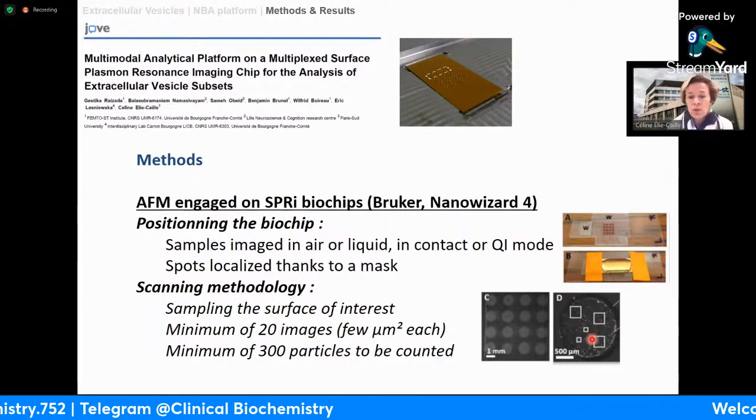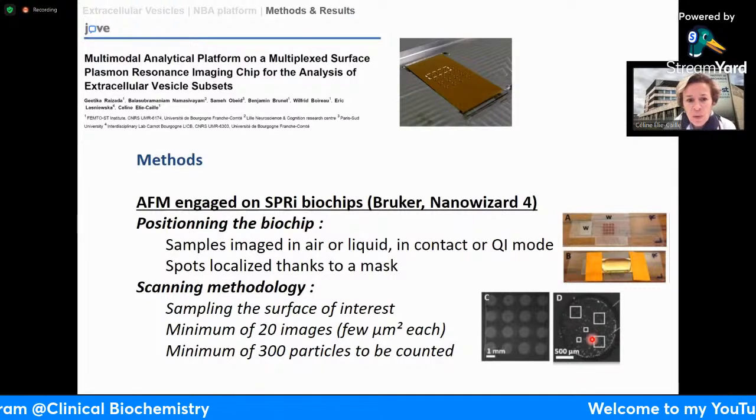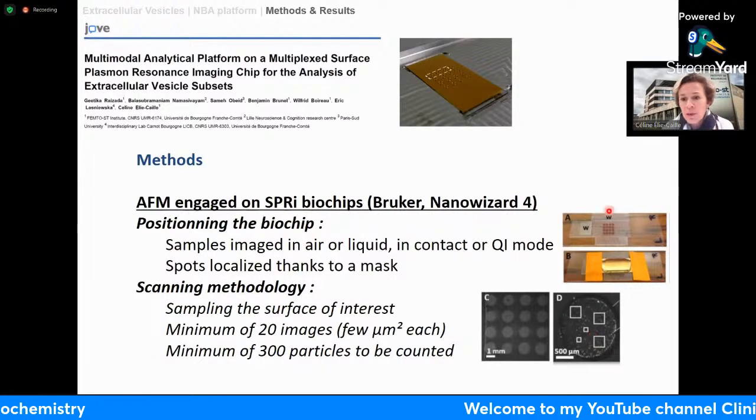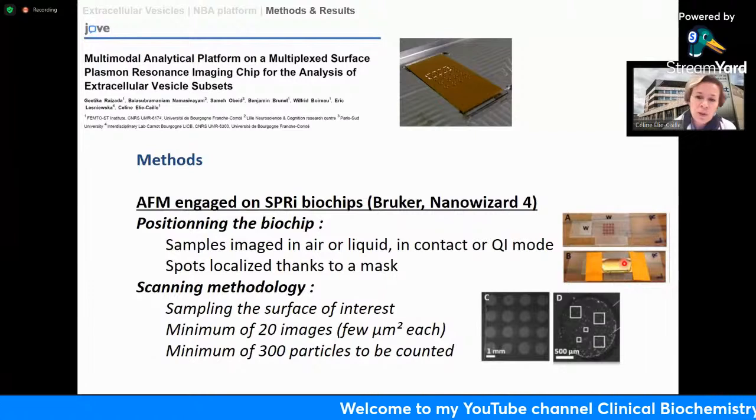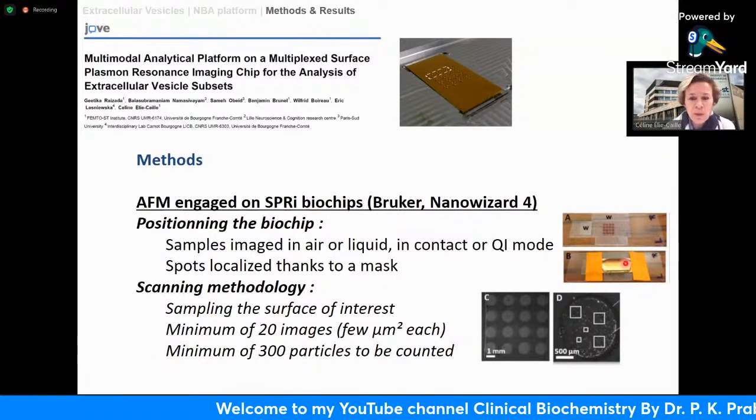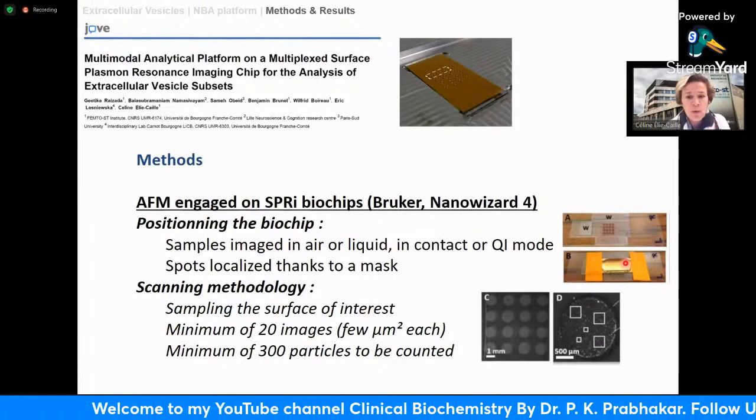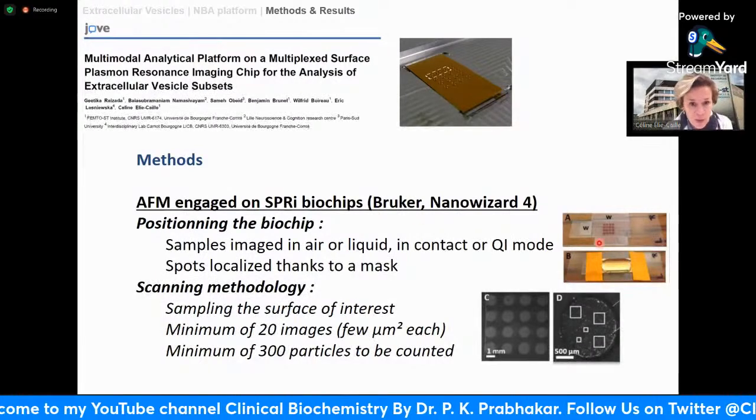So what we just developed is a small mask enabling the SPR chip to be put on this glass slide and to know where the good spots to investigate are.